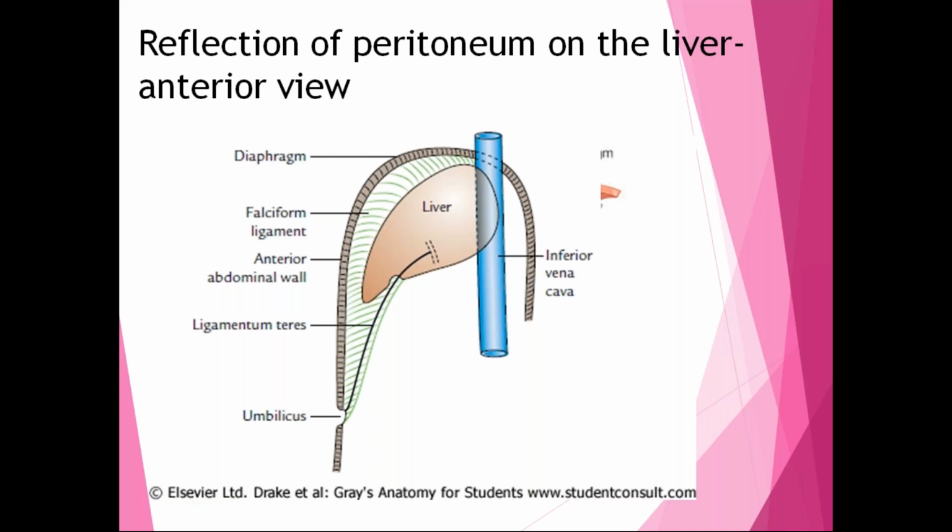So the contents of the falciform ligament are: number one, the ligamentum teres; number two, the paraumbilical vein, which is a tributary of the portal vein; and third, numerous small veins, called the accessory portal system of Sappey, which communicate the paraumbilical vein with the diaphragmatic vein.